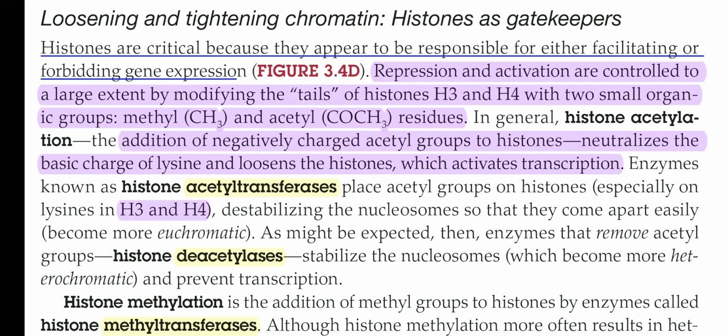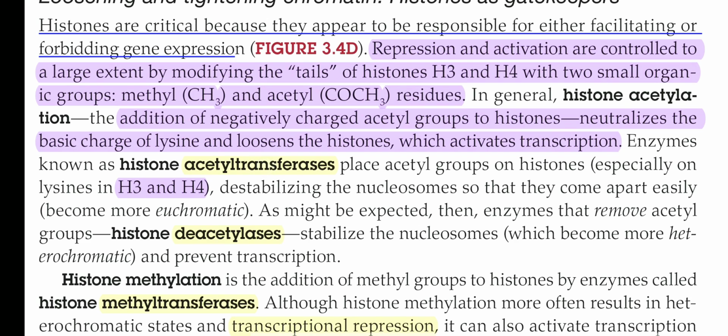That's the important thing. So which enzyme does this? This is your histone acetylase, or histone acetyl transferase. It transfers this acetyl group, the COCH3 -I group, to the lysine residues of the histone H3 protein, where it neutralizes the basic charge and releases the DNA from its coiling so it can be transcribed.